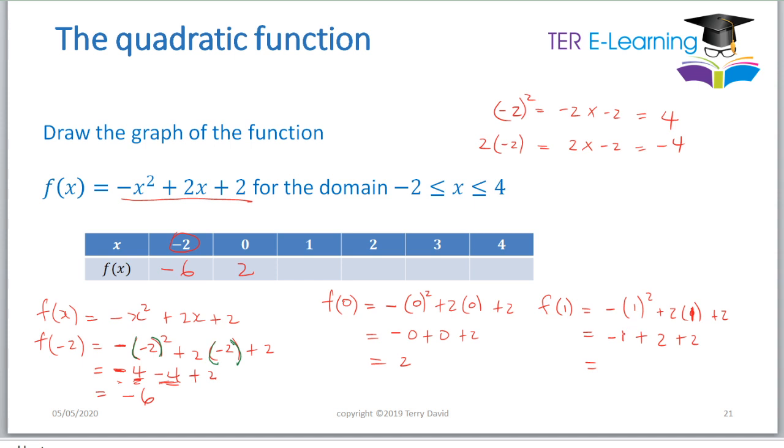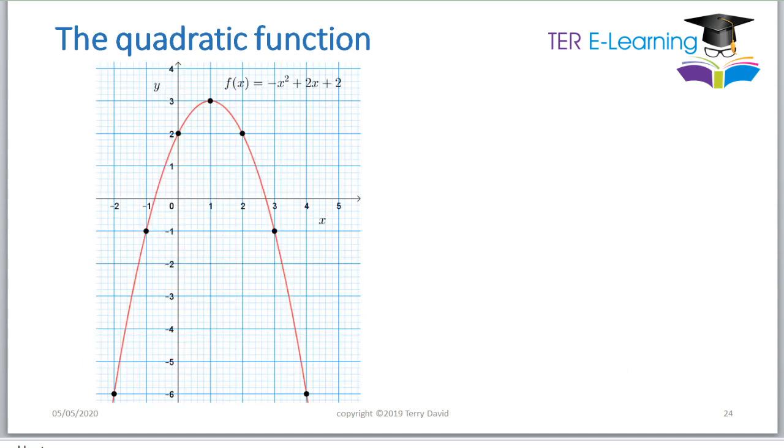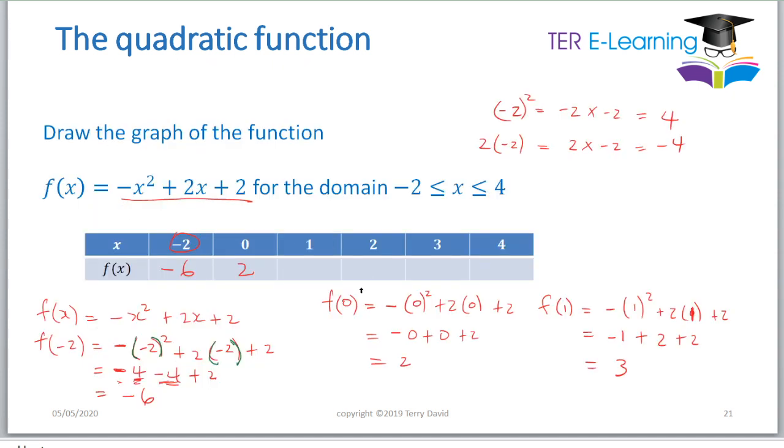Everybody getting 5 soon. Minus 1 plus 2 gives me 1. 1 plus 2 gives me 3. Yeah, so the answer is 3.